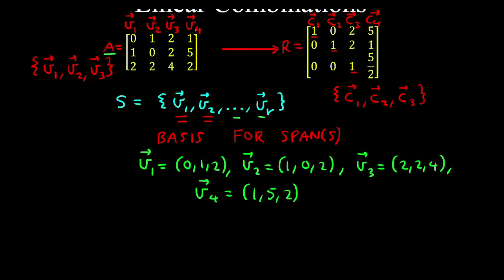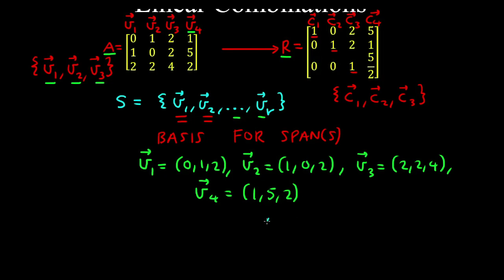Now to write the remaining column that's not in a basis for the column space of A as a linear combination of the other column vectors forming the basis, it's simpler to do so with the reduced matrix.